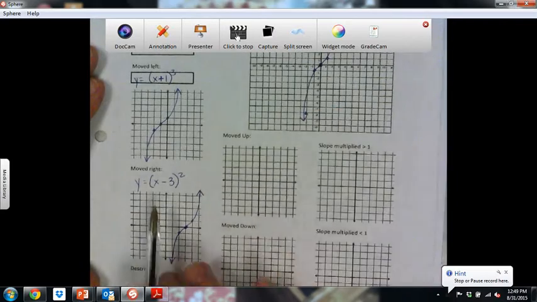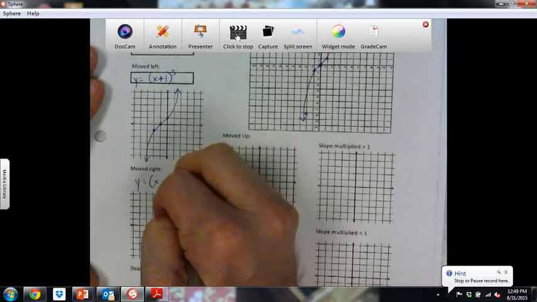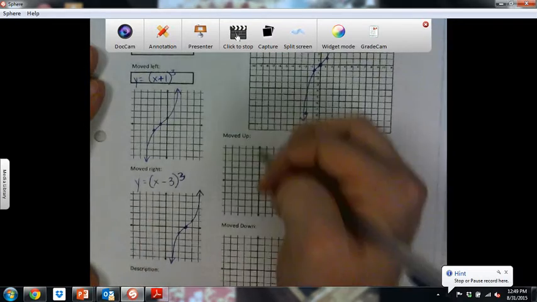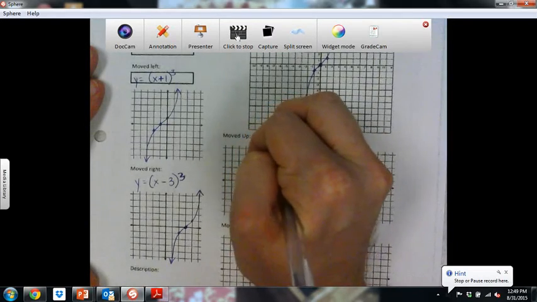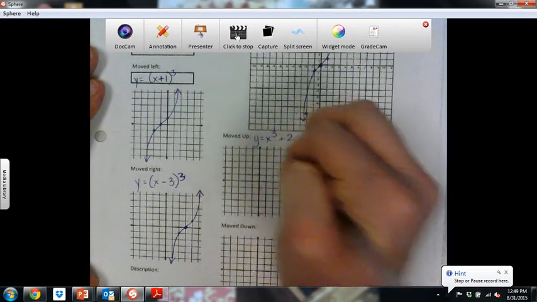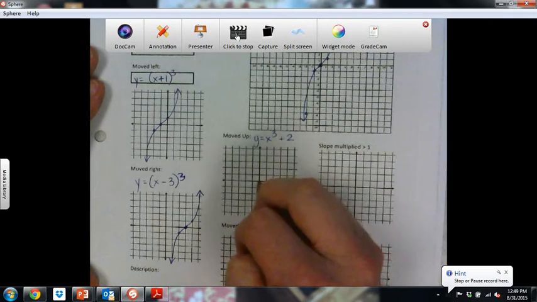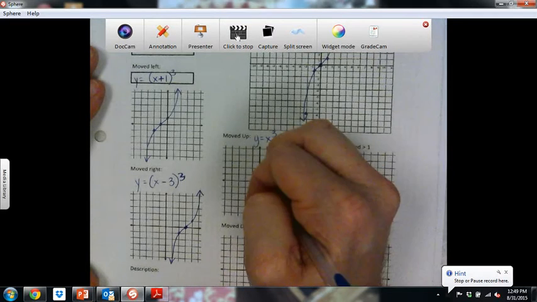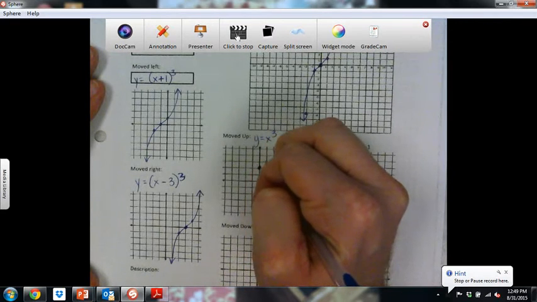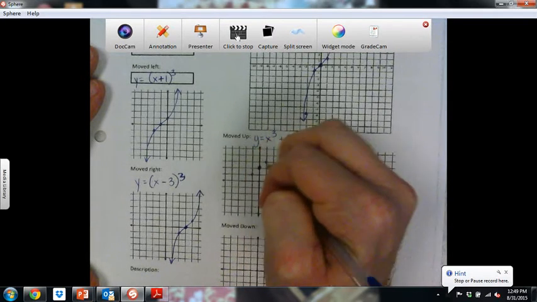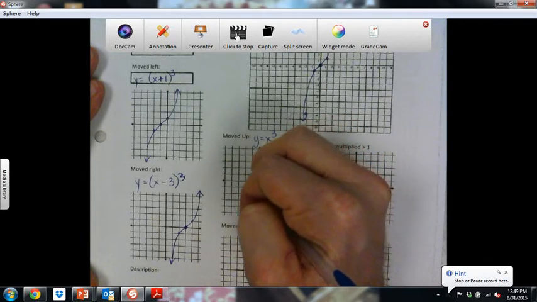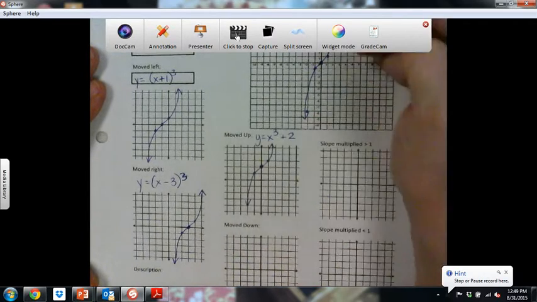And then moving up would be if I add or subtract outside the parentheses. This should be a third power. So if I have y equals x to the third plus 2, I'm going to take that 0, 0 point, and I'm going to move it up 2 places. Out 1, up 1, out 1, down 1, and again, I'm going to approximate the curve based on what I know in this one.